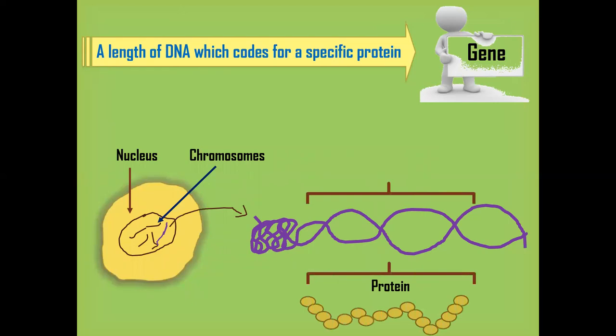The chromosomes are made of DNA with histone protein. If you open the chromosome, it contains a length of DNA which can provide the genetic information for designing a particular protein, that is a gene.